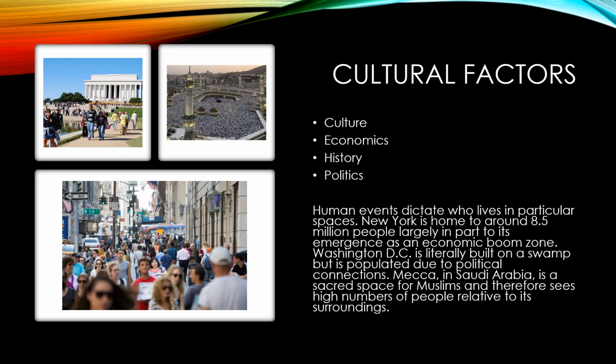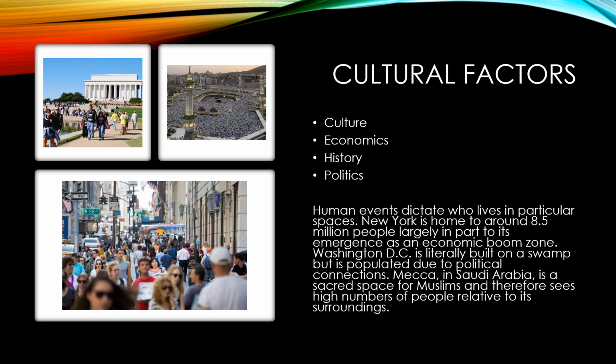Cultural factors also can make a difference in how people come to be living where they do and where population clusters happen. When we look at culture, economics, history, and politics, just a few ideas here, New York is home to around 8.5 million people because of its predominance as an economic center.